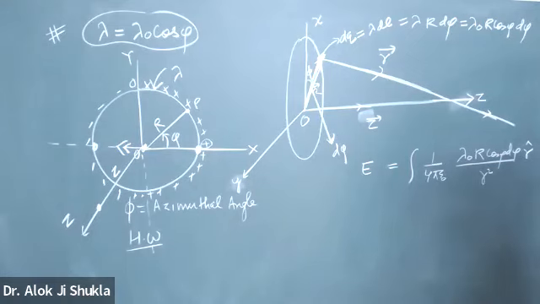This is simple Coulomb's law. And if you want to write here vector r, then put r cube here. R cube.